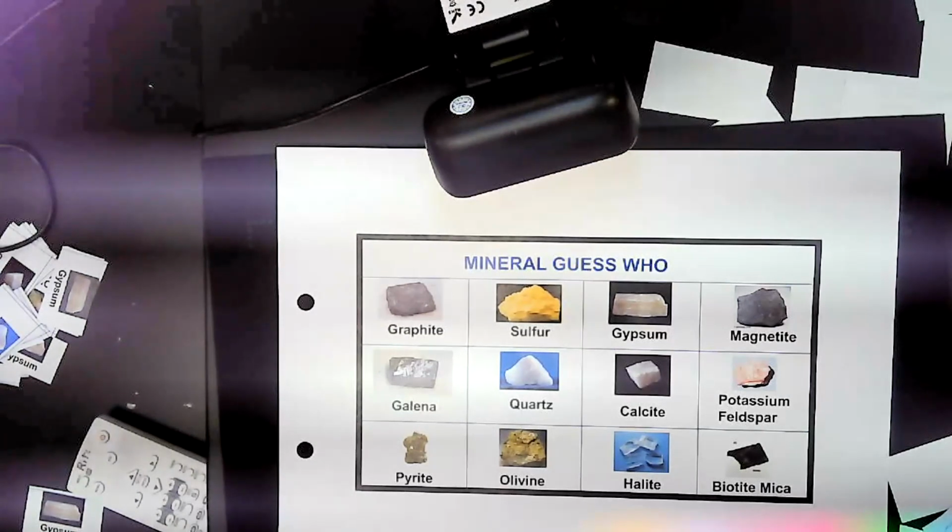So use your reference tables. Which ones are you covering up? Check your section. So just to help you out, which ones are you covering up? The ones that have fracture.